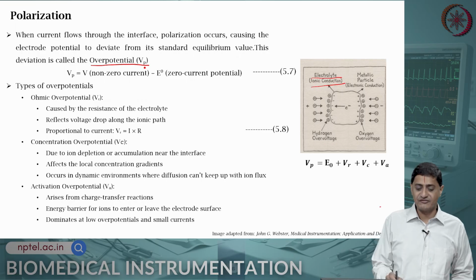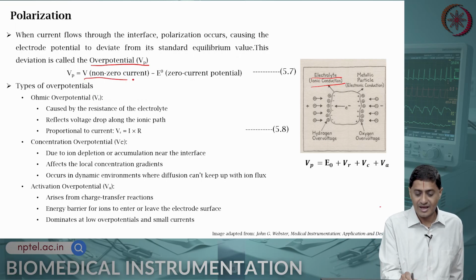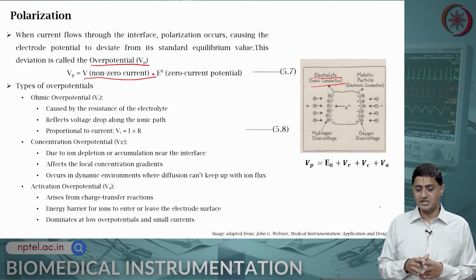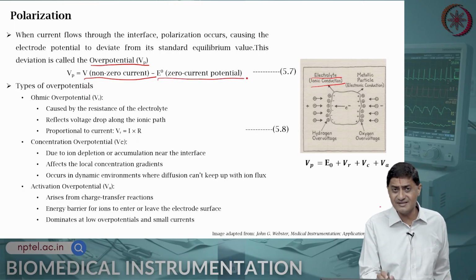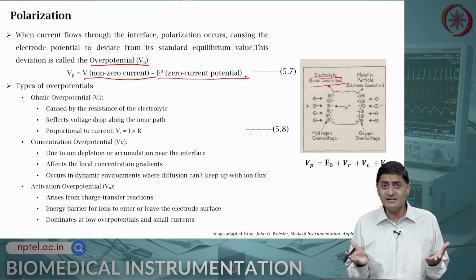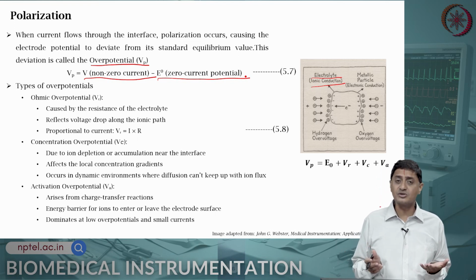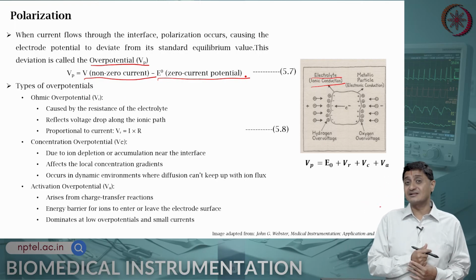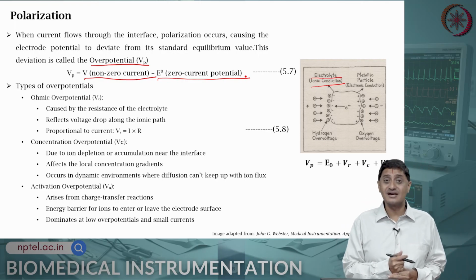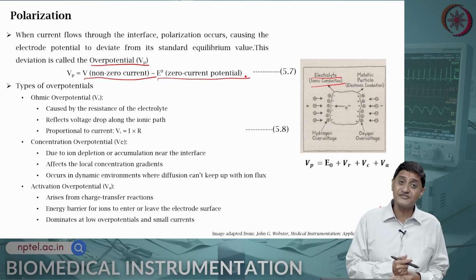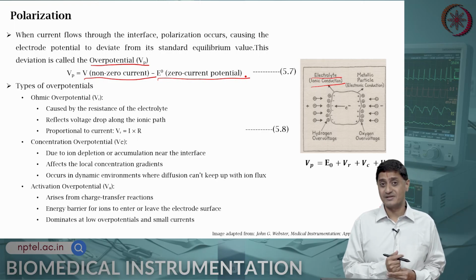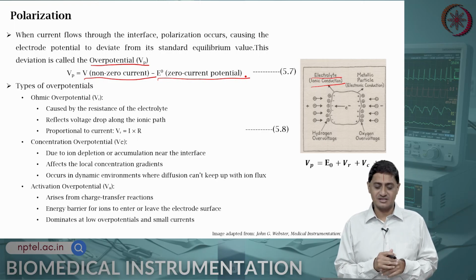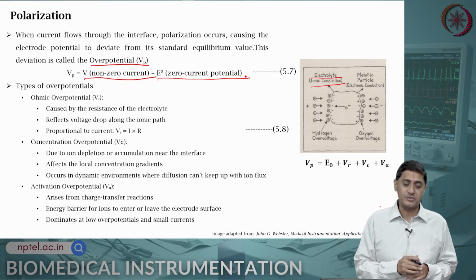This is the difference between the potential at non-zero current and the potential that is there when the current is 0. How is this possible? Current is 0, but potential is there, because there are other effects that are causing this potential. This is called the over potential.